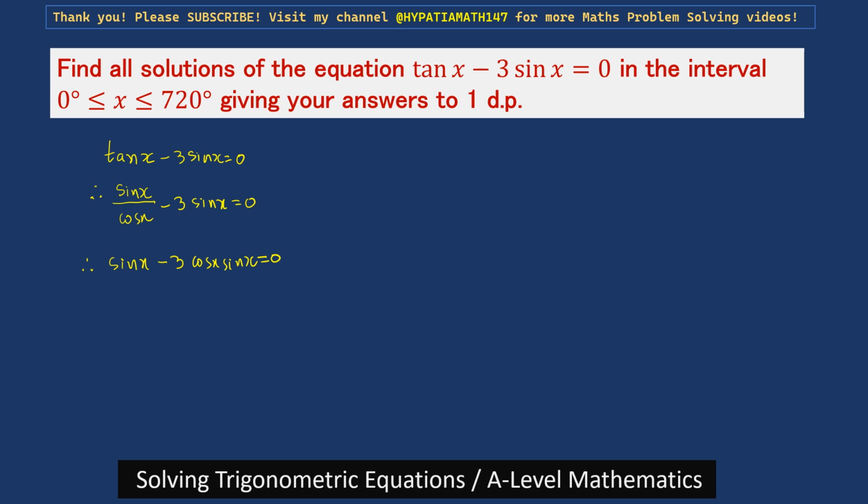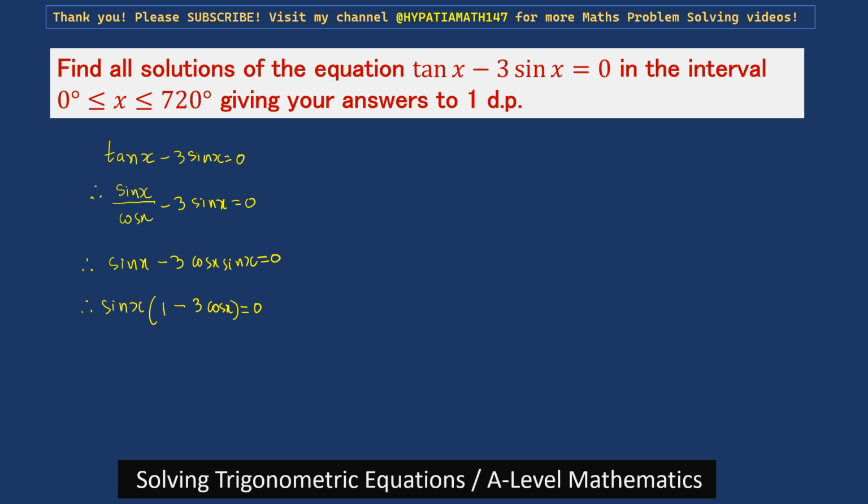Now if I take sin x as a common factor outside the brackets, I get sin x times (1 over cos x minus 3) equals 0.